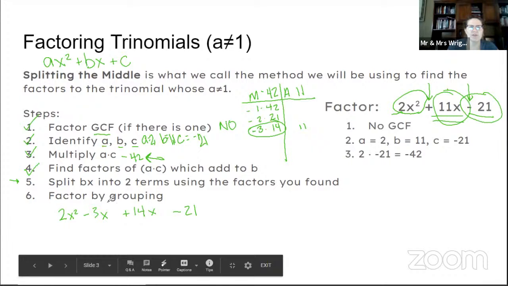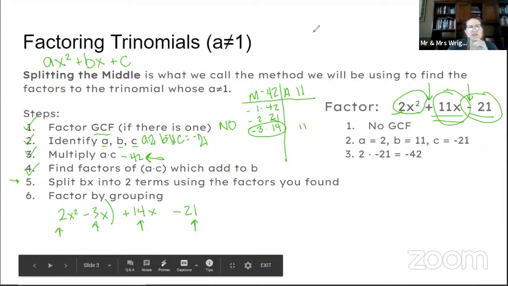Now what we're going to do is go ahead and group these together. And actually, I want to negative 3x and negative 14x. I can see looking at this that the 3 will match with the 21 and the 14 will match with the 2.